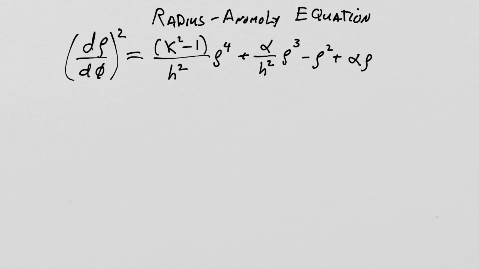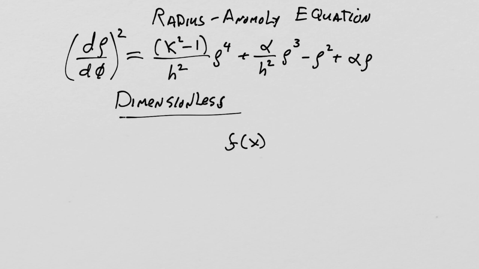All right, so step one of this is to make it dimensionless. We already talked about how rho has dimensions of length, so we've got to get rid of that. The reason is we're trying to turn this into a purely mathematical object that we can attack using mathematical tools. And mathematics is written in terms of functions of an independent and dependent variable, and those functions, when they're described arbitrarily, are unitless.